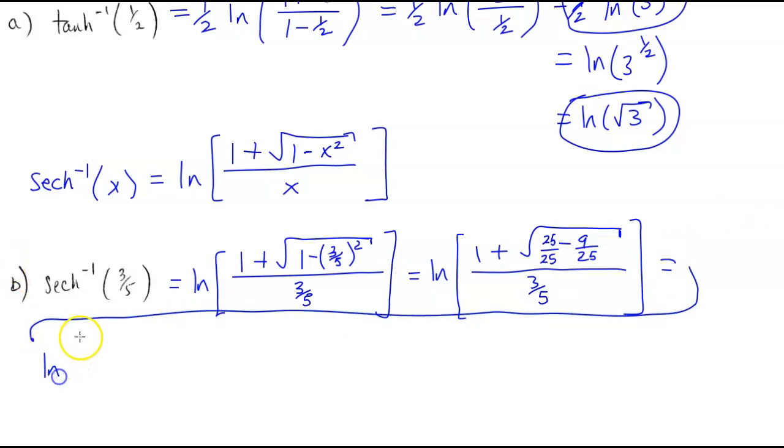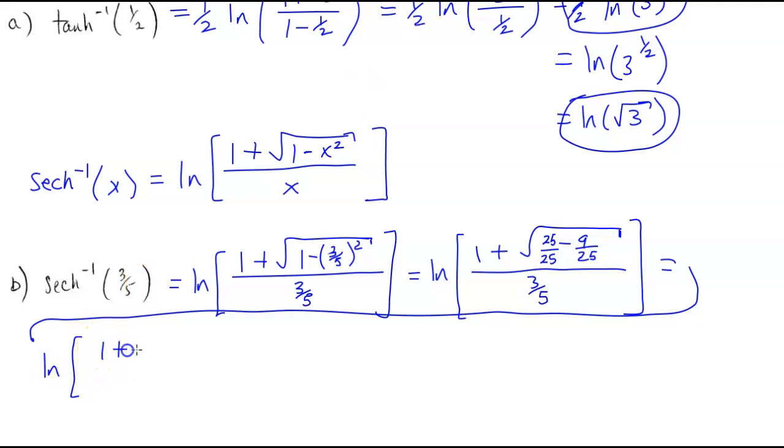So here we'll have natural log of 1 plus square root, and of course 25 minus 9 is 16, so this will be 16 over 25 here. That's kind of getting out of hand, so I'm going to rewrite it to make it look better.